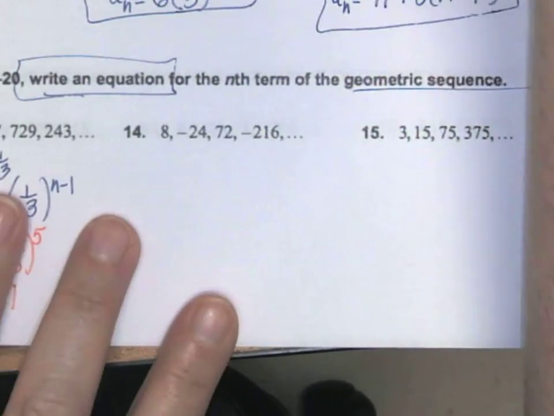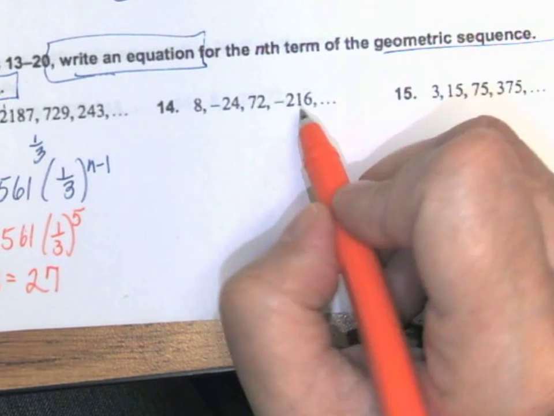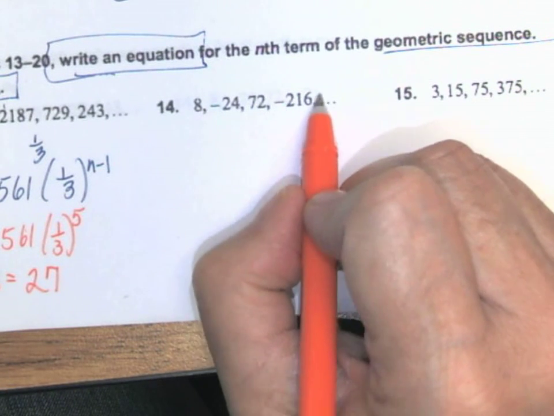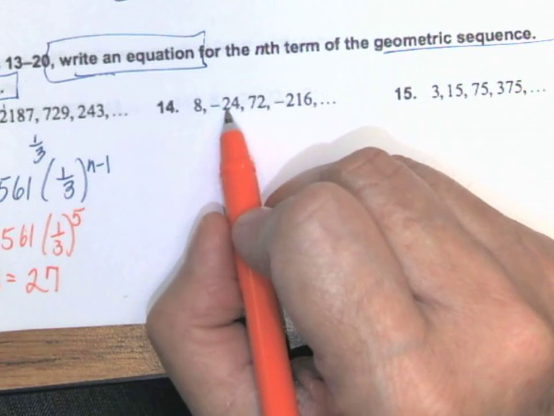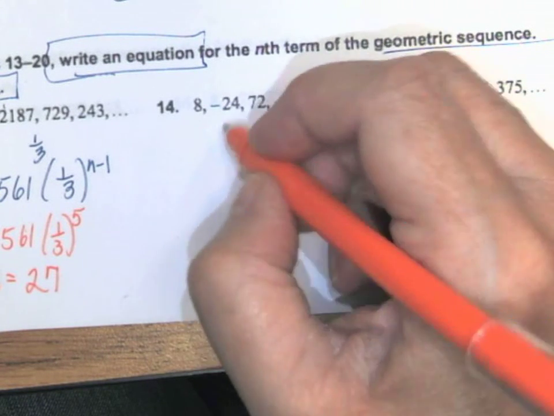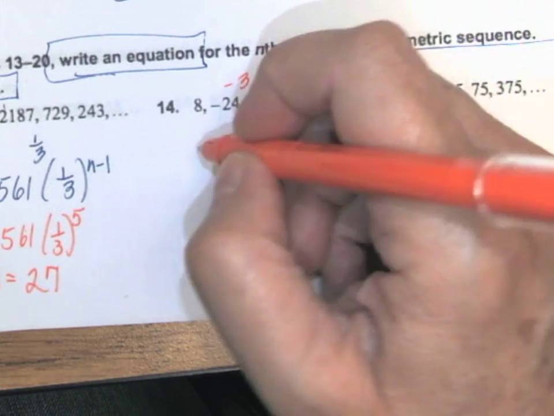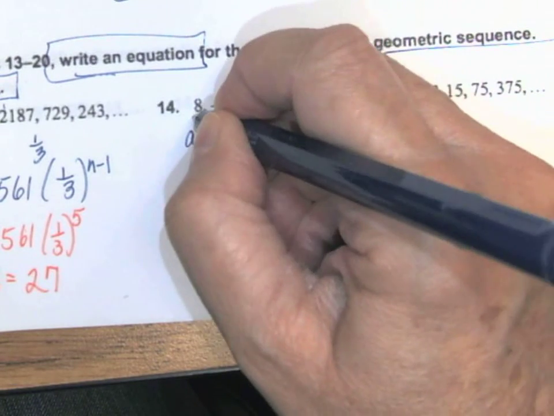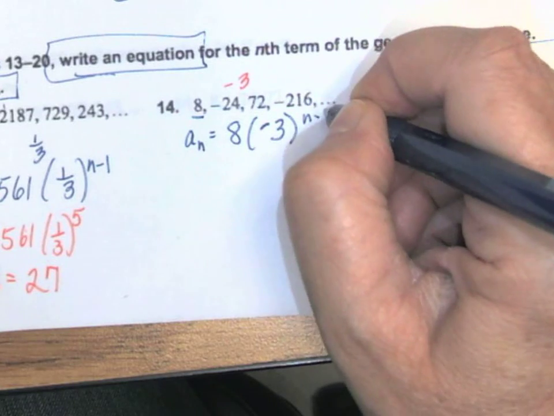Let's look at this one. We're getting bigger, so we must be multiplying. This must be -3. So you could put it in your calculator if you needed to. -216 divided by 72 is -3. 72 divided by -24 is -3. So our common ratio is -3. Let's go a sub n equals first term times -3 to the n minus 1.